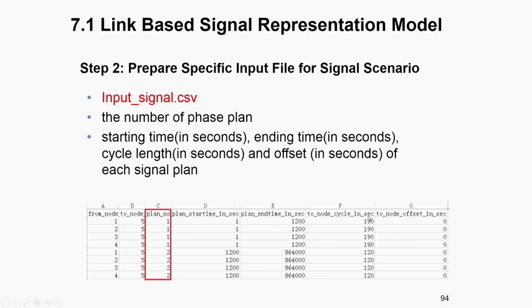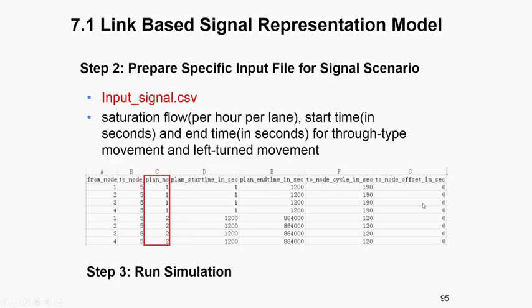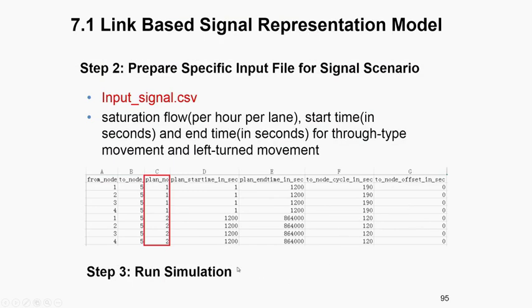So the to-node is a downstream node of this link, which is node 5 always, and also you can specify the to-node offset in seconds. So by doing so, you can quickly provide input signal setup, and if you don't have any information, we are going to utilize your lane capacity to provide a default input signal in the NEXTA interface. And after that, you can run the simulation.